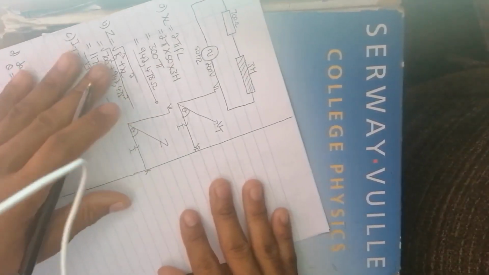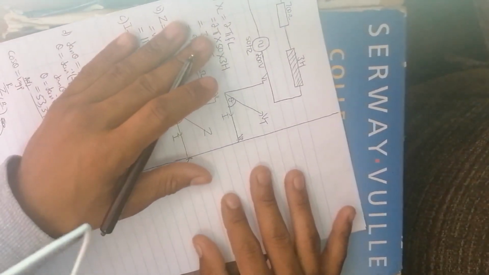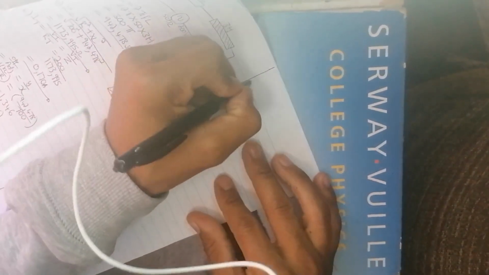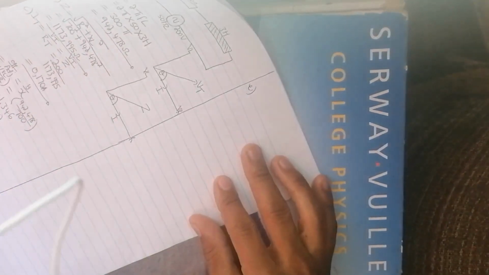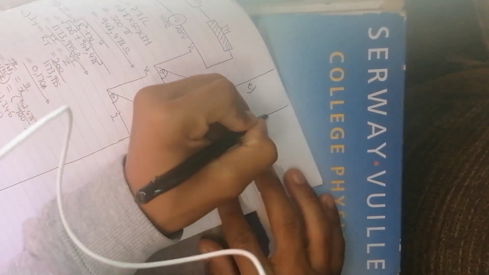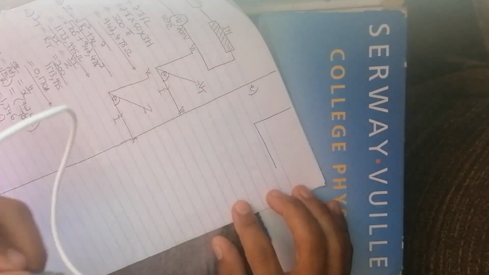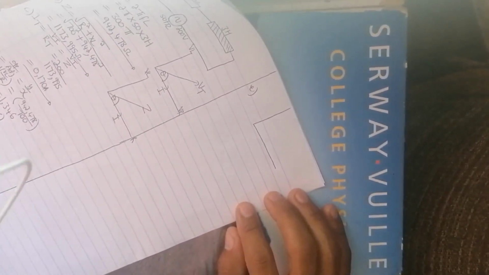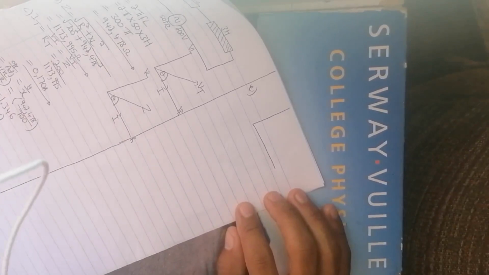And the last question, they say draw the impedance diagram. The impedance diagram we have already done. It will be drawn in terms of what was calculated. We calculated XL, we calculated the impedance, and we calculated the current.